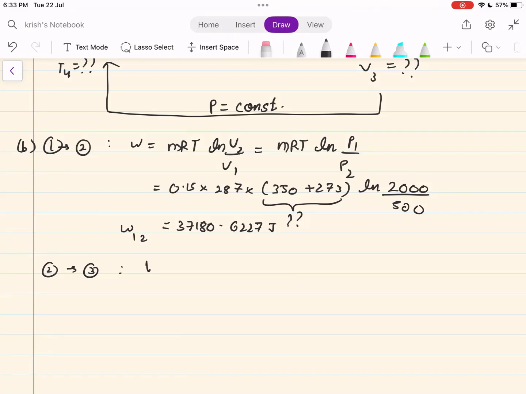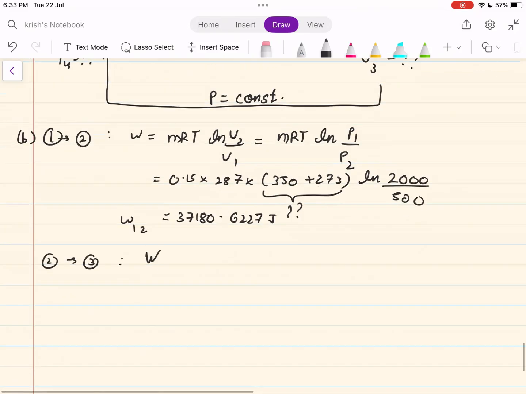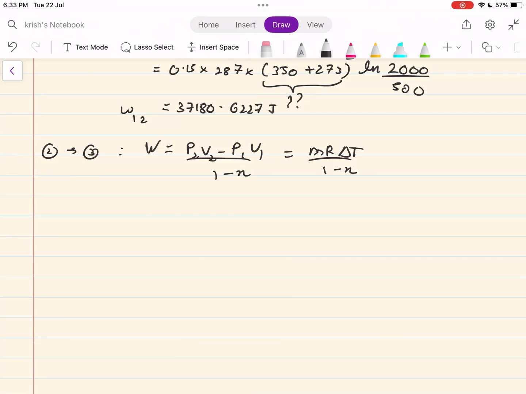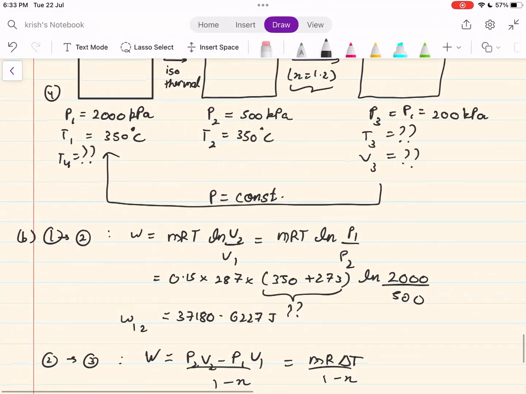Now from 2 to 3, it is a polytropic process with polytropic exponent of 1.2. The formula is (P2V2 minus P1V1) by (1 minus x), or mR delta T by (1 minus x). So to solve this, how will we solve this?